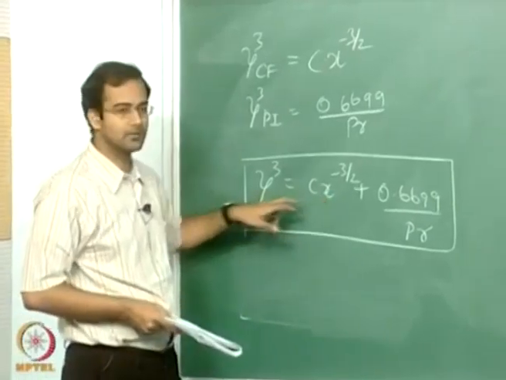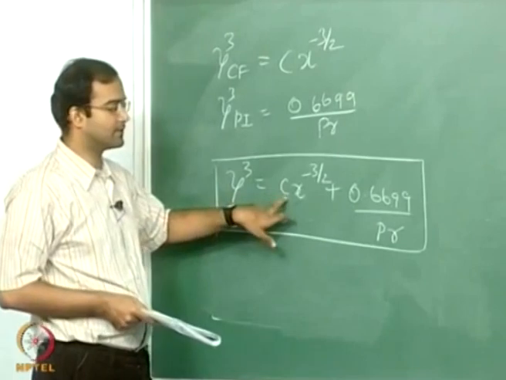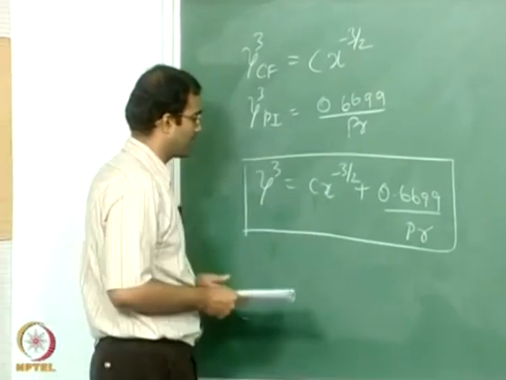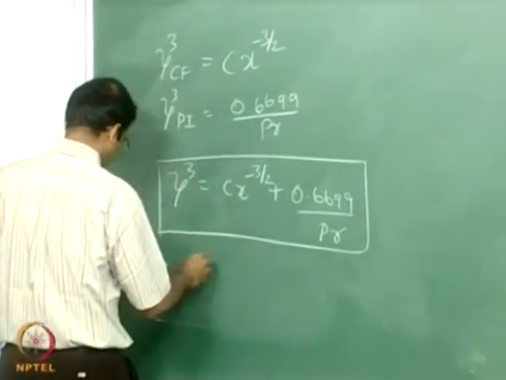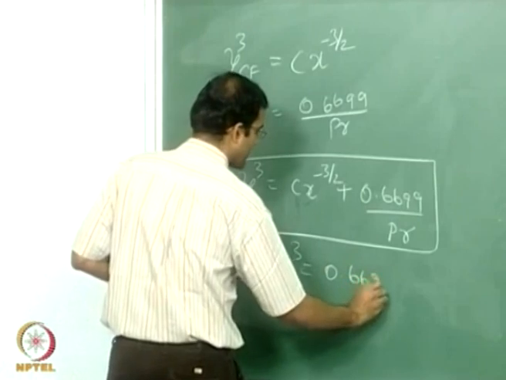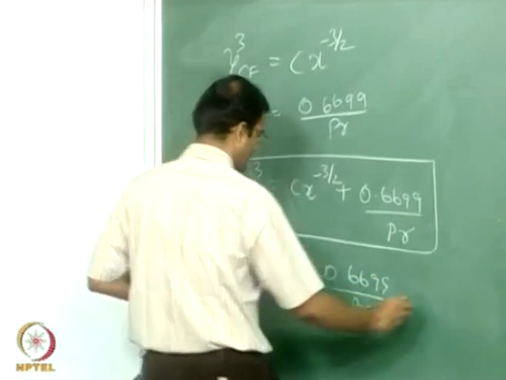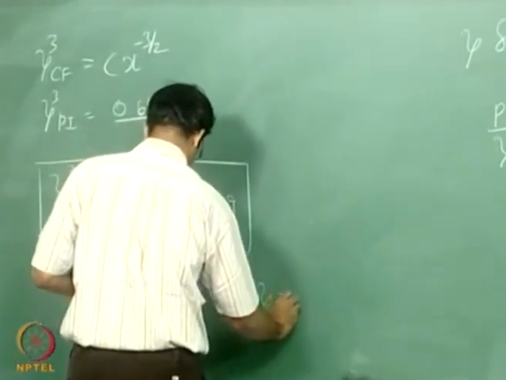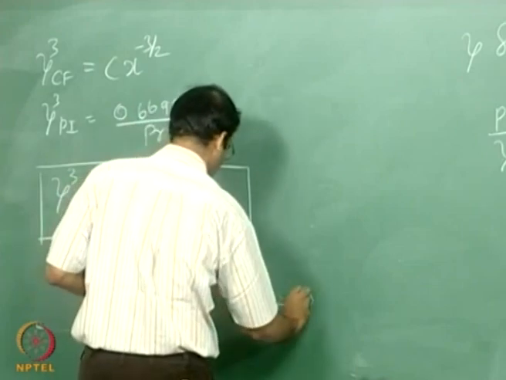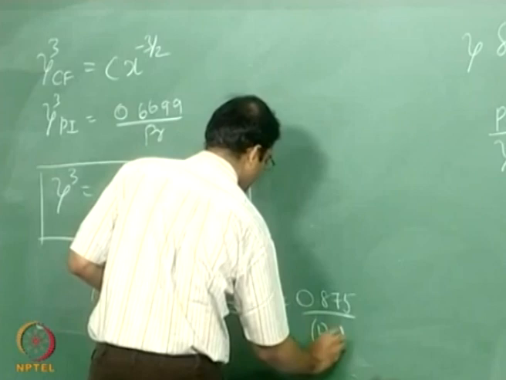Therefore at x equal to 0, zeta equal to 0, so this constant has to be 0. In our case, the solution directly will be zeta equals 0.875 by PR to the power 1/3.